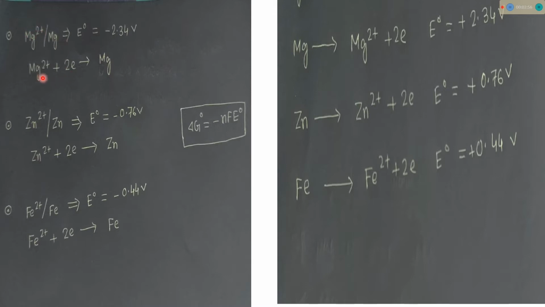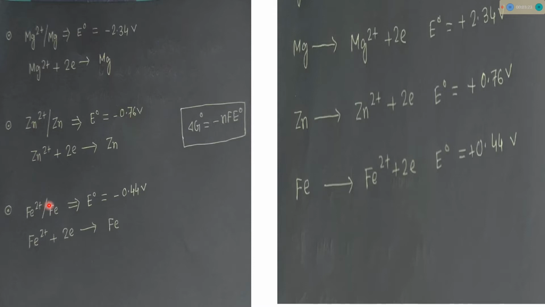So this is a reduction reaction and the corresponding E0 value is a reduction potential. Same thing for Zn2 plus. Zn2 plus accepts 2 electrons and converts into neutral zinc. The corresponding reduction potential is minus 0.76. For the Fe2 plus, Fe system, same.